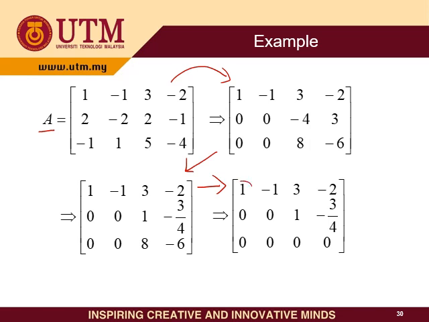Alright, so here we have this and this, the columns. This one is column 1 and column 3 as our leading ones. Then from this we can already see what our basis for row space is, which is the number of non-zero rows.